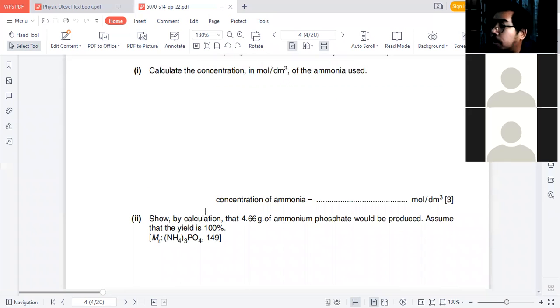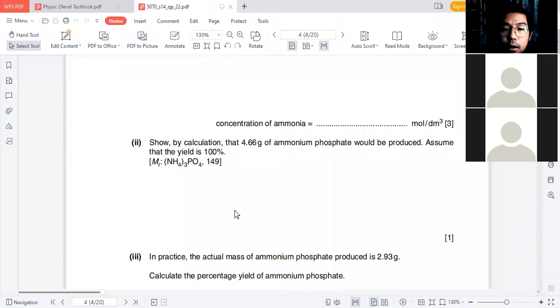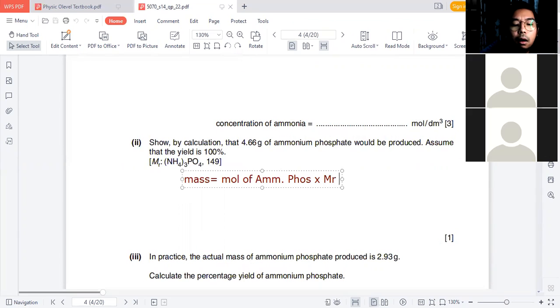Here you simply use mass is equal to mole times by Mr. Mole of ammonium phosphate times by the Mr of ammonium phosphate.